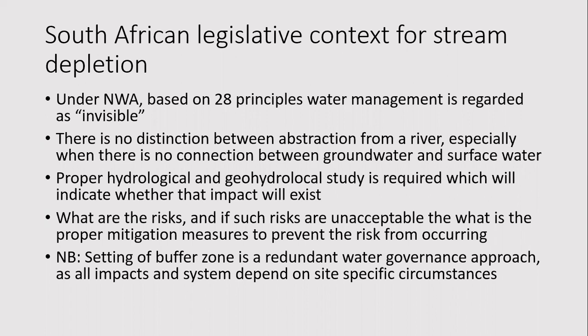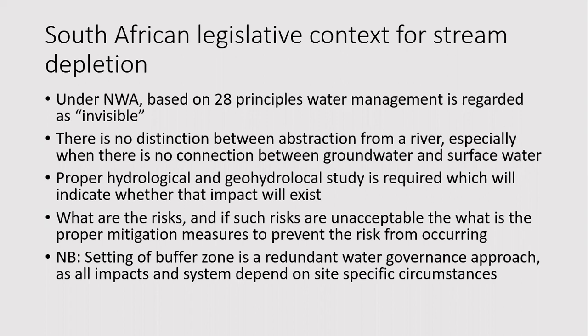That's why I'm saying the buffer zone is a bit redundant when it comes to a water governance approach, because we can't say, okay, this buffer zone of 500, we can use 500 in all of South Africa, if we don't have the basic idea of why the stream flow depletion is occurring in that area, what the geological characteristics and behavior in that area are, and then come up with a perfect buffer zone for that area as well.